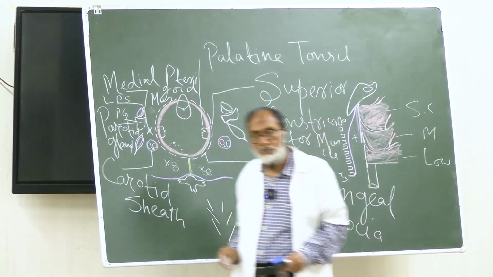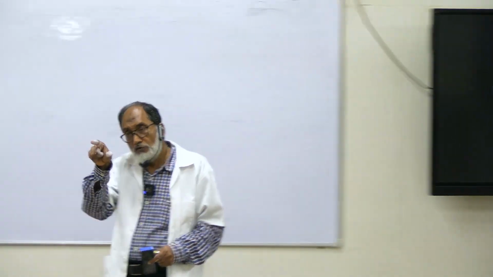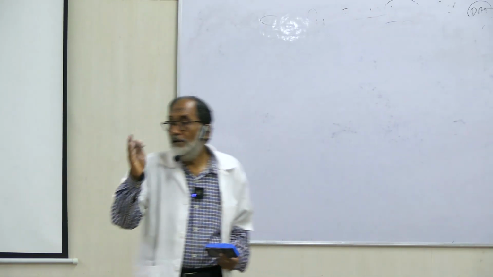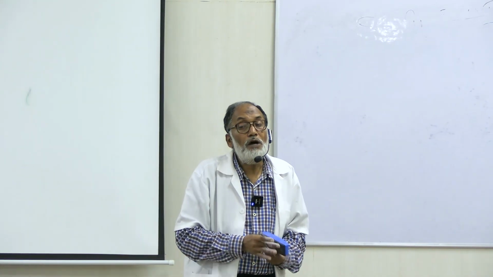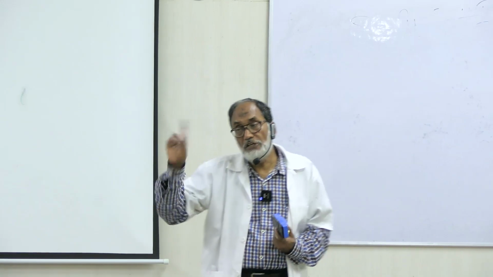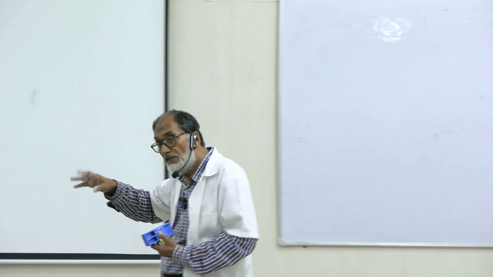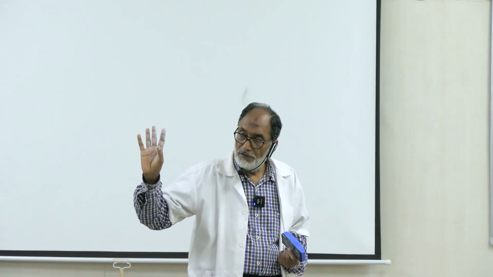As an ENT specialist, when you see through the mouth, you will find that one paramedian swelling is present. The patient is complaining of pain, and one paramedian swelling is present. Then you will think that it must be an infection of the retropharyngeal space, right?